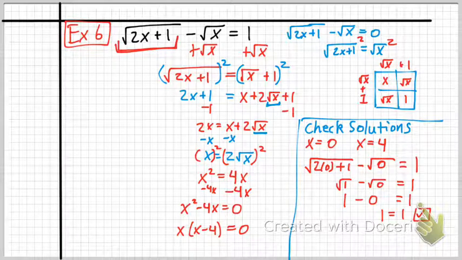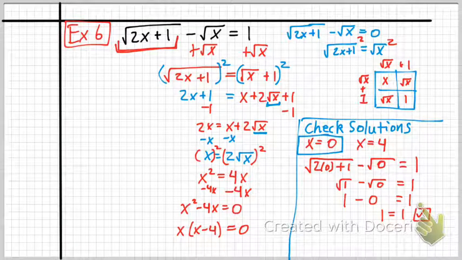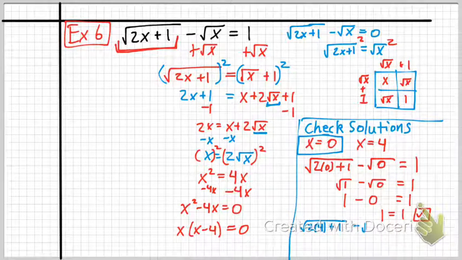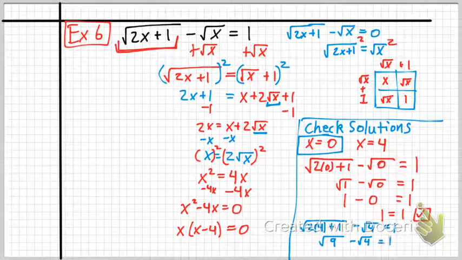So we know that one of our good solutions is going to be x equals 0, and then we can check our other one to see if it's extraneous. So now we'll say square root of 2 times 4 plus 1 minus the square root of 4, and we want this to be equal to 1. So this is going to be the square root of 9 minus the square root of 4, and what we see is this is going to be 3 minus 2, and this is actually going to be 1.